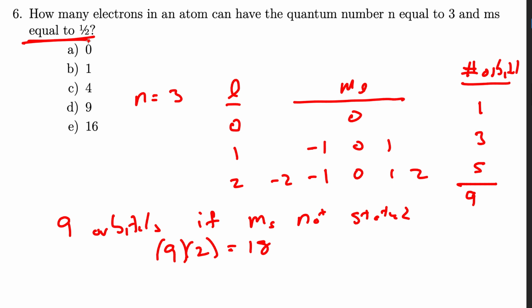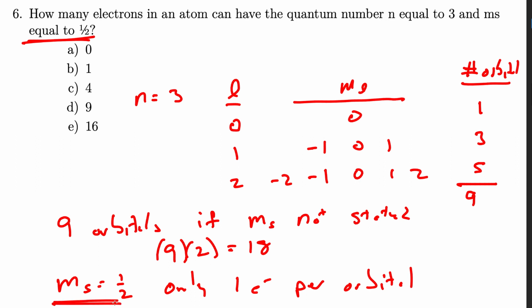If m sub s equals 1/2, you can only have 1 electron per orbital. You can get 2 electrons in an orbital because one can have m sub s plus 1/2 and one can have m sub s minus 1/2. But if m sub s has to be plus 1/2, you can only get 1 electron per orbital, and that would give you 9 electrons.